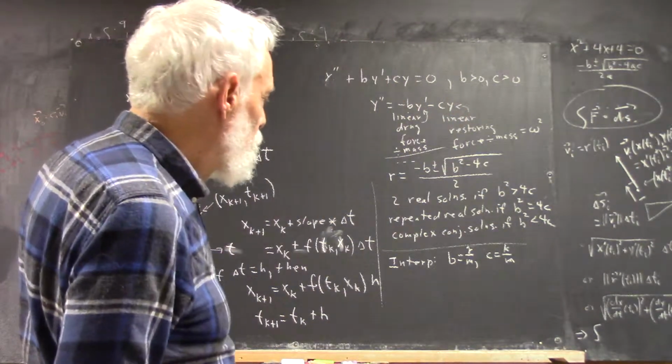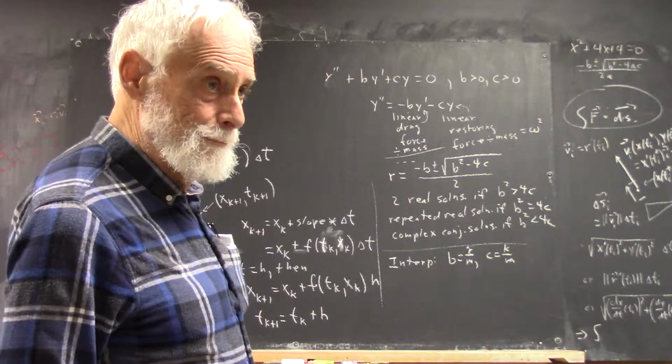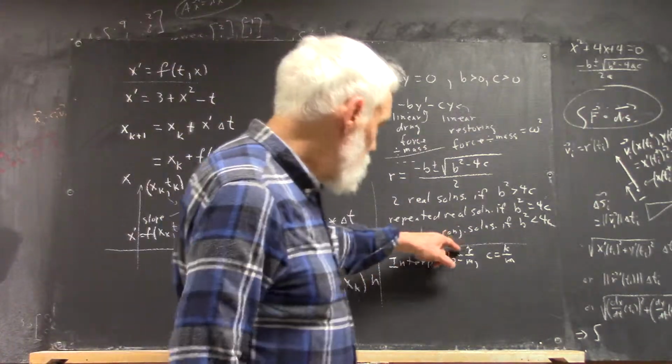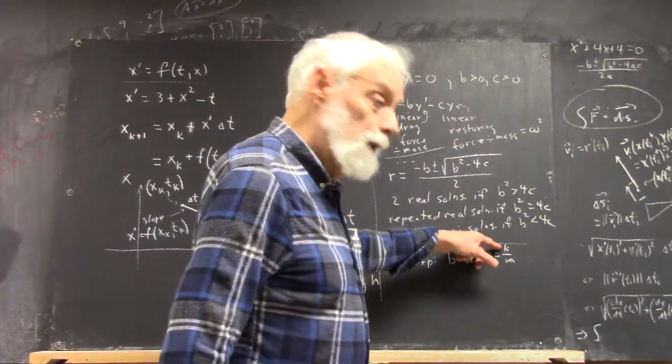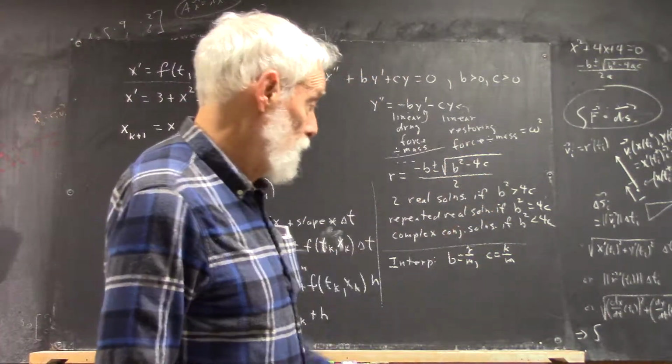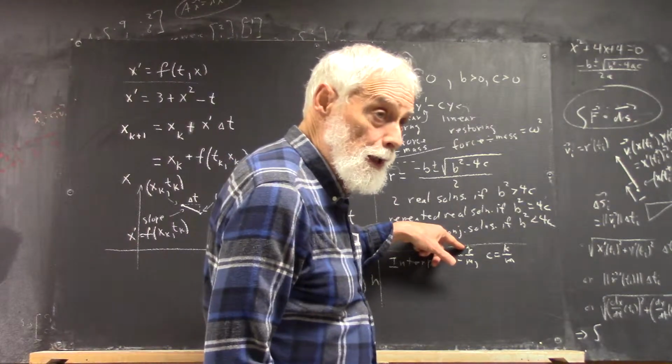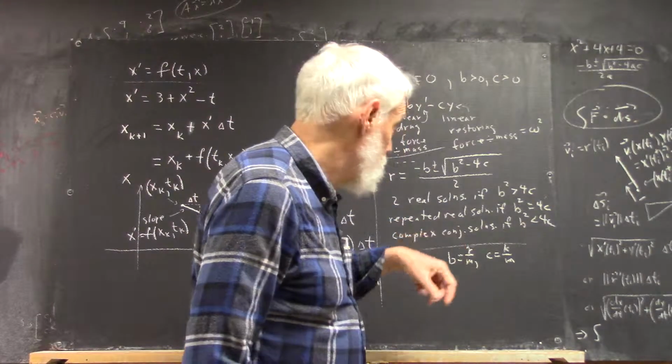B equals gamma over M, C equals K over M. And gamma is your drag coefficient, K is your restoring force constant. You're used to K from physics and what we've already talked about here. We've talked about gamma.